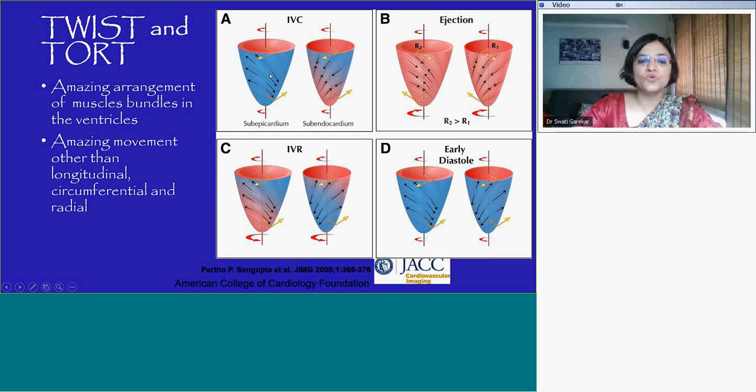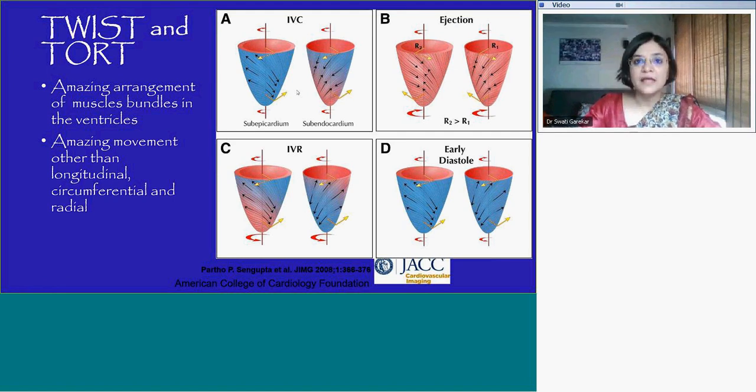Torsion happens because of different muscle movement in the apex versus the base, and also the subepicardial layer of muscle versus the subendocardial, in contraction. What happens in relaxation is that it untwists and creates a powerful suction effect.